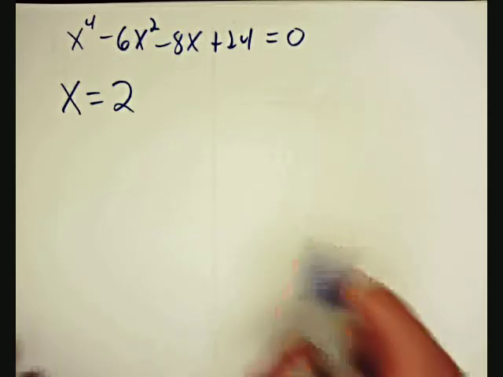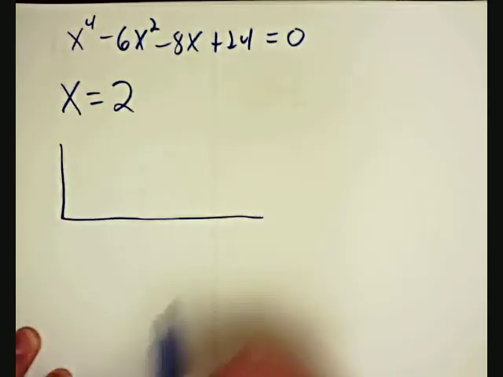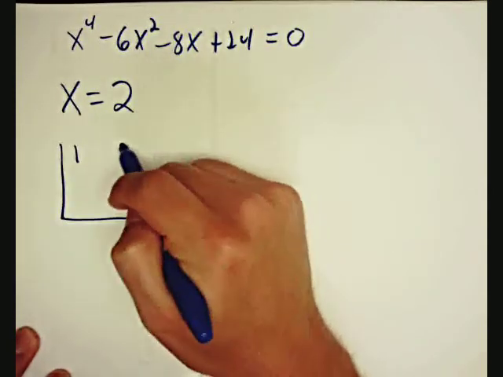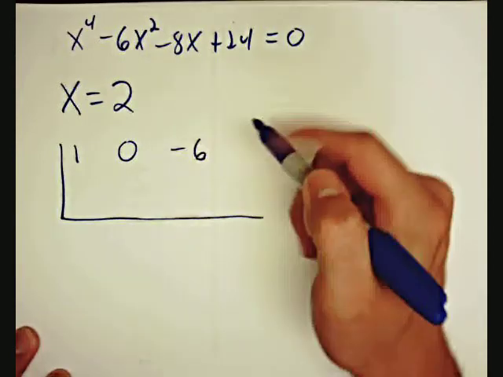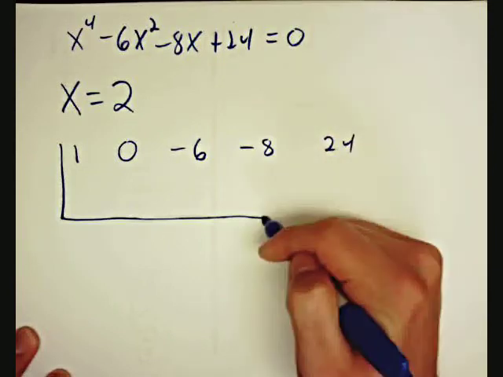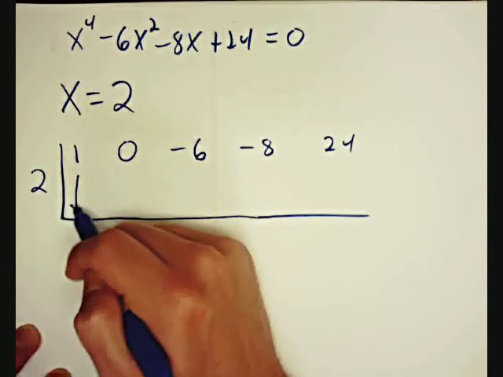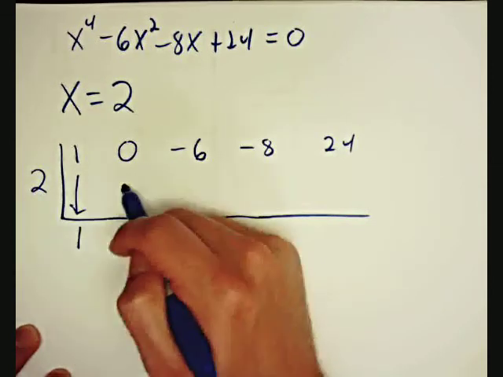So since 2 is repeated twice, we can do synthetic division twice with 2. So 1x to the 4th, we skipped x cubed, so 0x cubed, minus 6x squared, minus 8x, and 24. 2 on the outside, and then go through our synthetic division. 2 times 1 is 2.